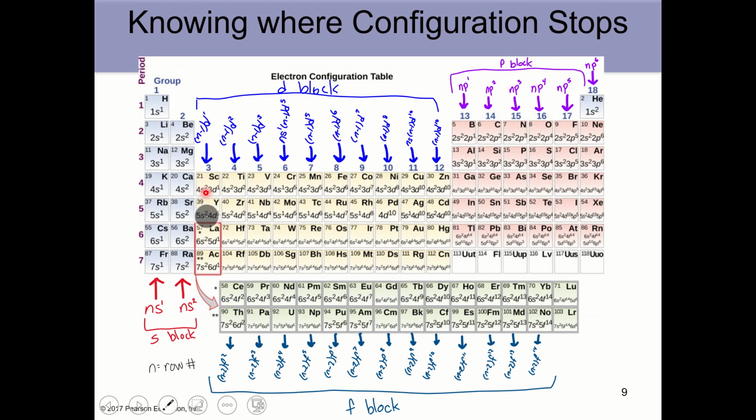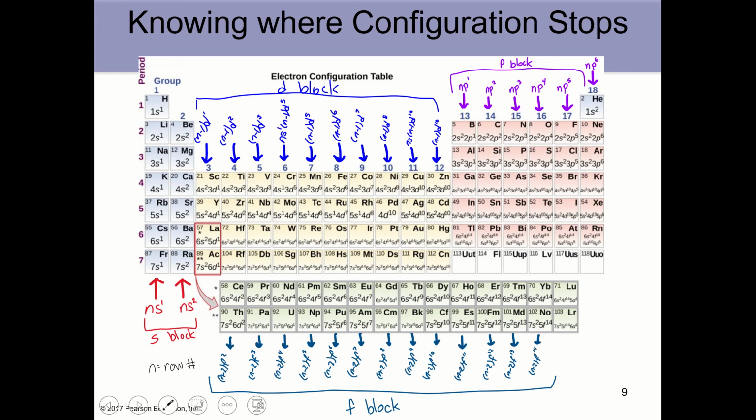So scandium would end its electron configuration at 3D1. Manganese would end its electron configuration at 3D5. I don't like doing gold and silver and stuff.